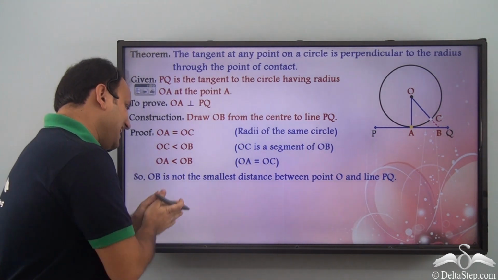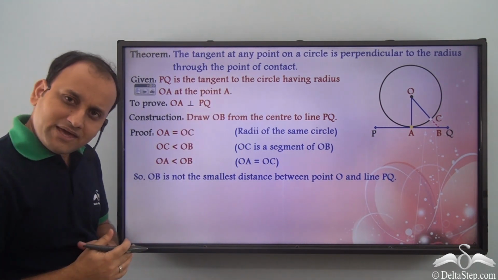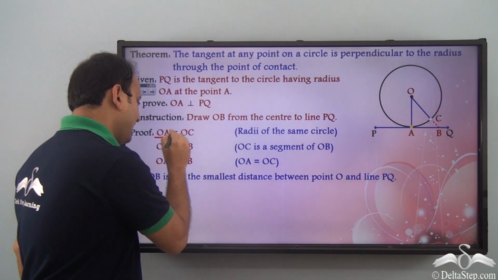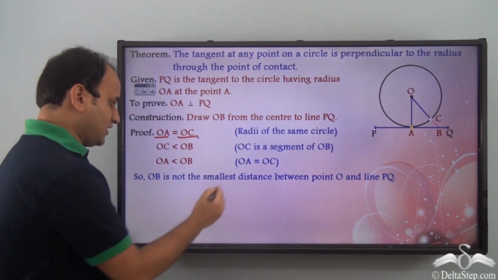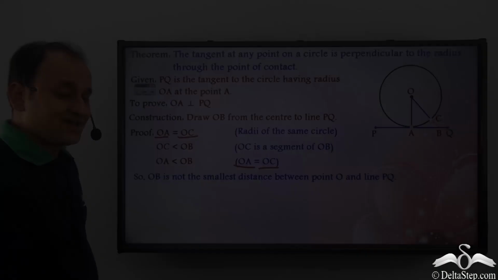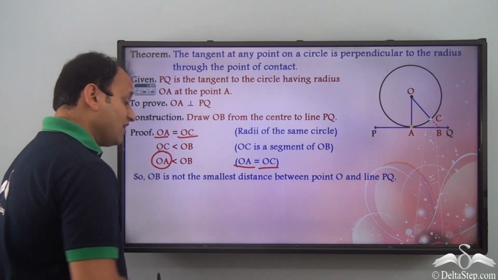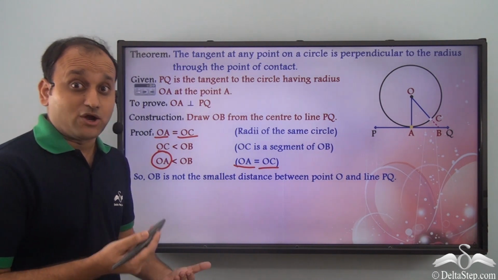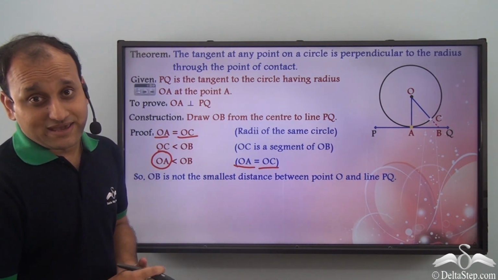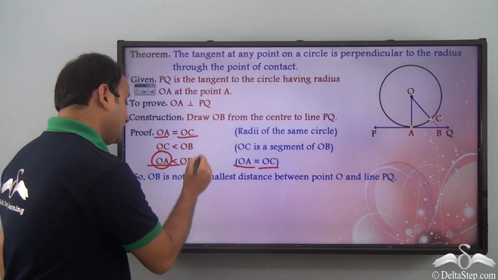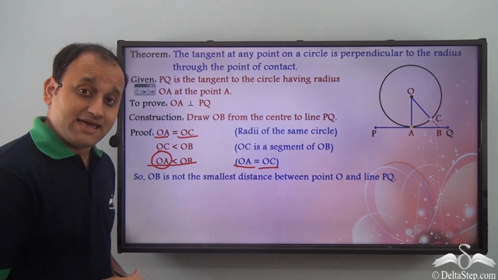So, we can say that OA is smaller than OB because OA is equal to OC, and OC is smaller than OB. So, we have got OA smaller than OB.